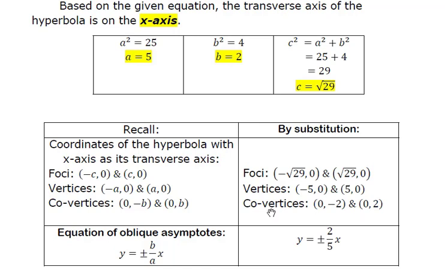For the co-vertices, b is 2, so we have 0, negative 2, and 0, 2. Then for the asymptotes, plus or minus b over a, that's 2 over 5. So asymptotes, y equals plus or minus 2/5 x.